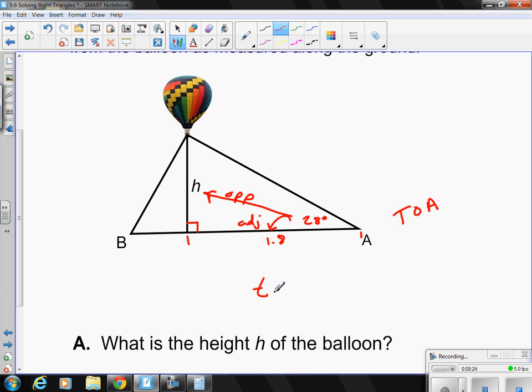So I'm going to say the tangent of my reference angle equals the opposite side over the adjacent side. Put that over 1, so 1.8 times the tangent, cross multiply and divide, 1.8 times the tangent of 28.